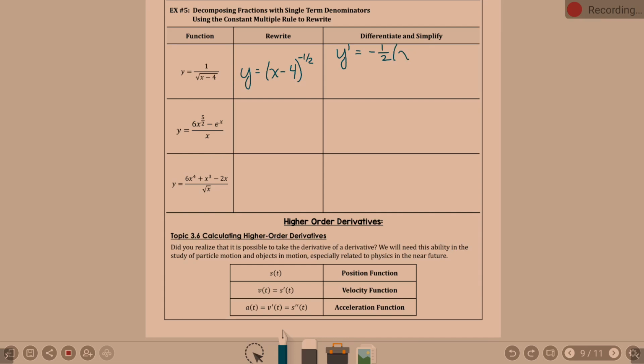The x minus 4 is going to stay x minus 4, to the negative 3/2, and this is where we're subtracting the 1. So then it becomes negative 1 over 2 times parentheses x minus 4 to the 3/2 power.